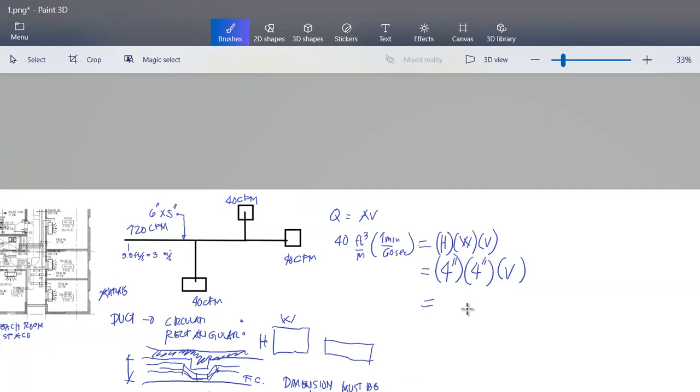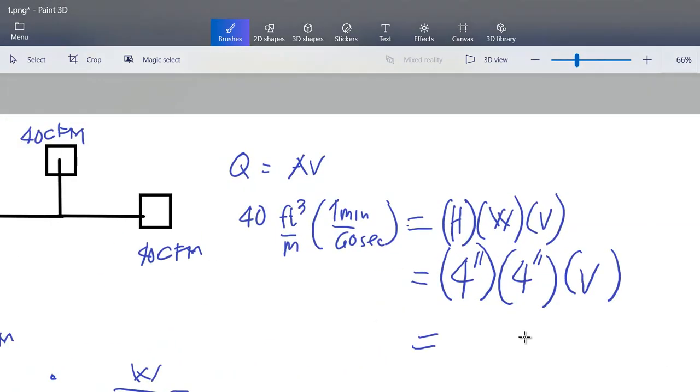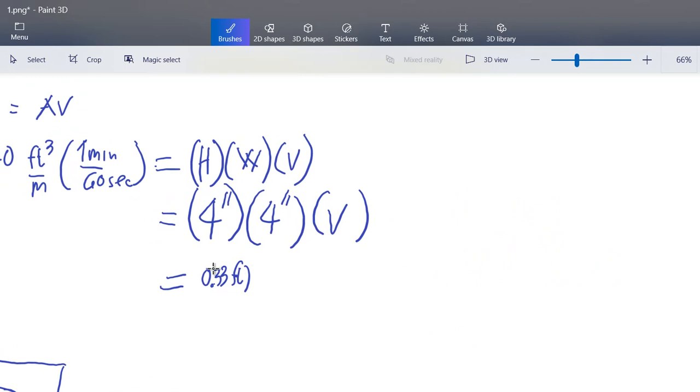4 inches by 4 inches, it will be divided into 12. So we have the dimension of 0.33, sorry. So that will be feet. Then 0.33 feet also. Then you have your velocity.